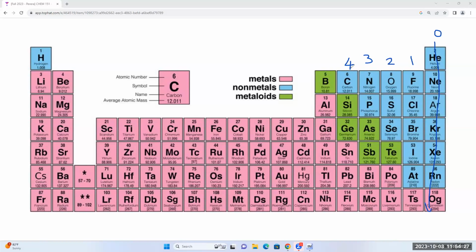So just by looking at the position of an element in the periodic table, we should be able to determine its bonding capacity in a covalent compound. Also, do we have any questions at this moment? Anything? I think you might have a question or two, no?